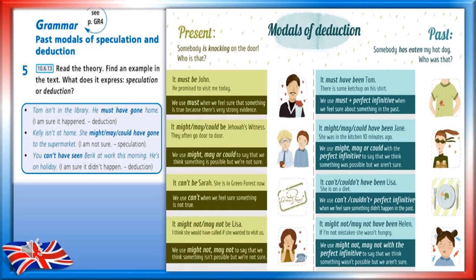She might, may, could have gone to the supermarket. I'm not sure. Speculation. You can't have seen Beric at work this morning. He is on holiday. I'm sure it didn't happen. Deduction.